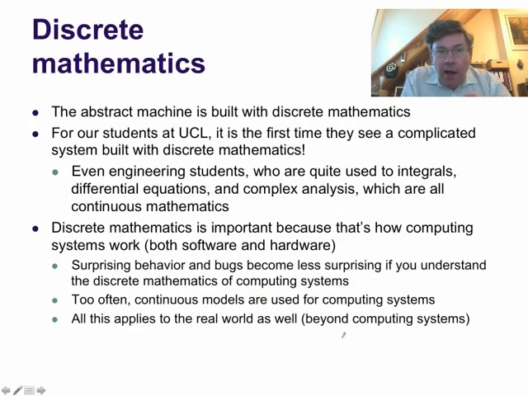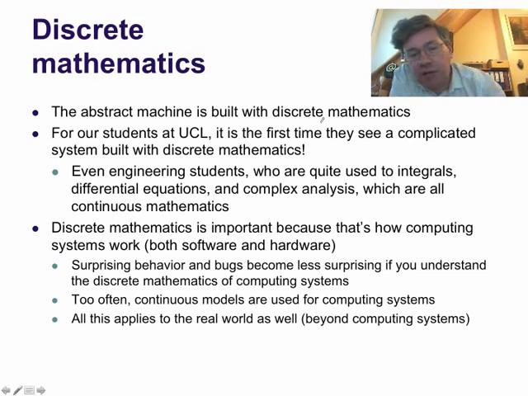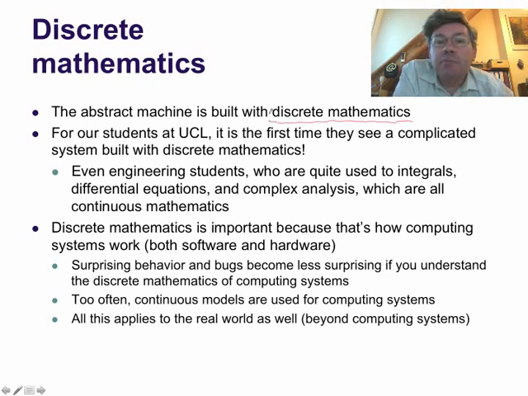So another point is discrete mathematics. So the abstract machine is built with discrete mathematics as opposed to continuous mathematics. And in fact, for our students at UCL, here in Louvain-la-Neuve in Belgium, it's the first time that they see a complicated system built with discrete mathematics.